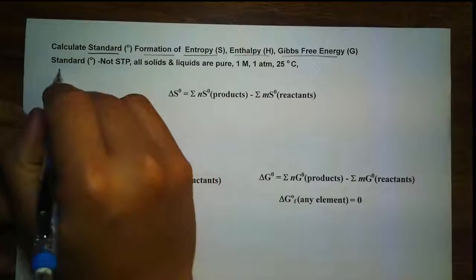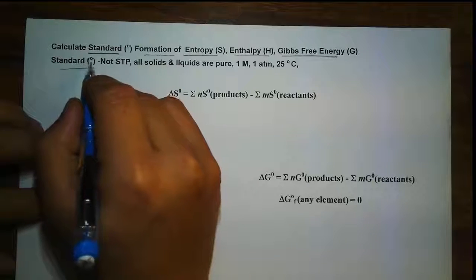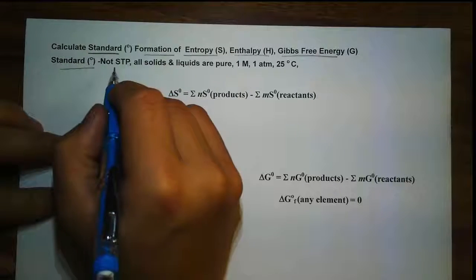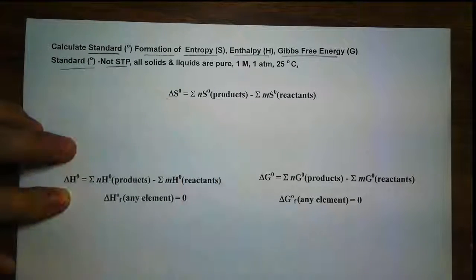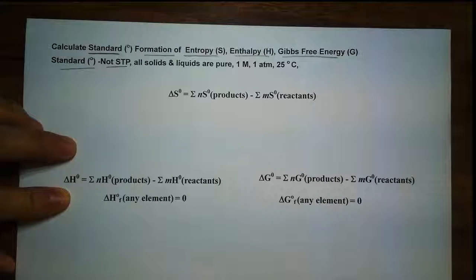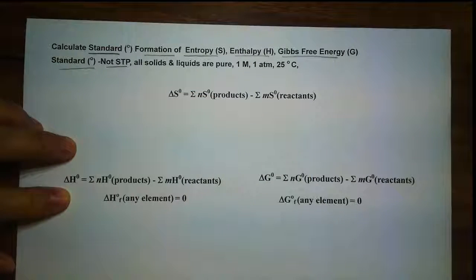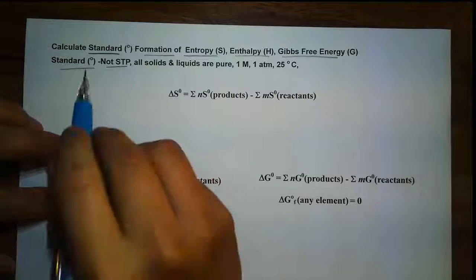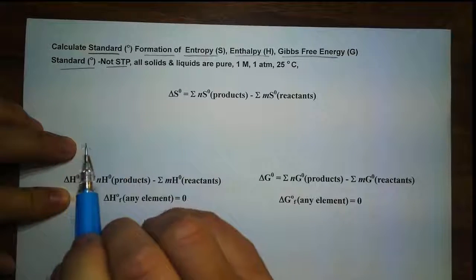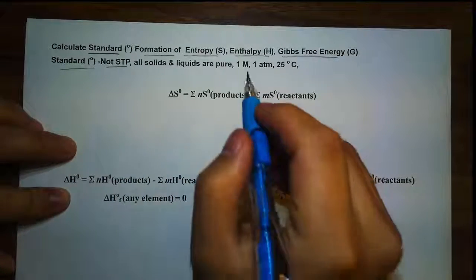The superscript looks like a circle or a letter O. Now the word standard represented by this superscript is not referring to the STP, standard temperature and pressure, that we deal with when working with the gas law, where we have 0 Celsius and pressure 1 atm. The only difference is the temperature.